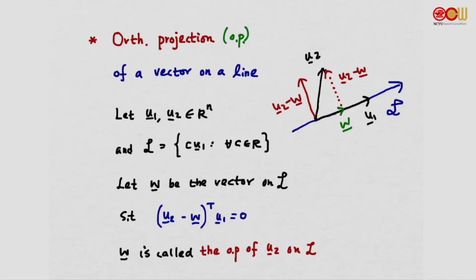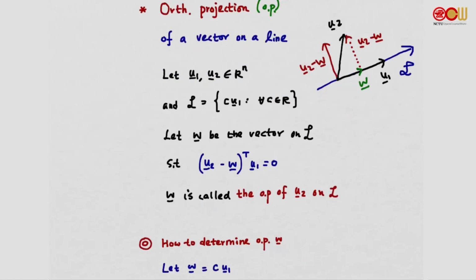I have drawn this in a two-dimensional case, so that's easy to understand. The definition of orthogonal projection is given like this. It's the vector on L such that these two vectors are orthogonal. And it doesn't give us a specific way of computing W, but it's possible to do that.